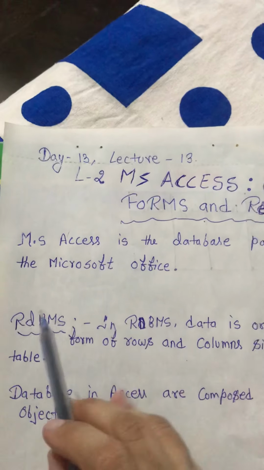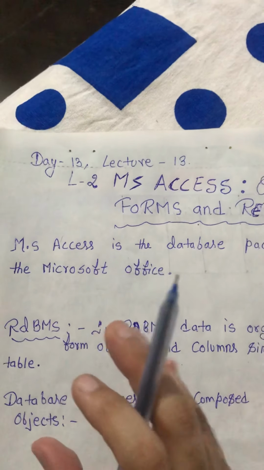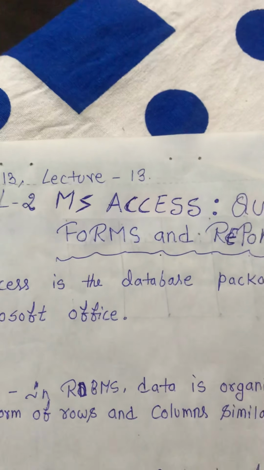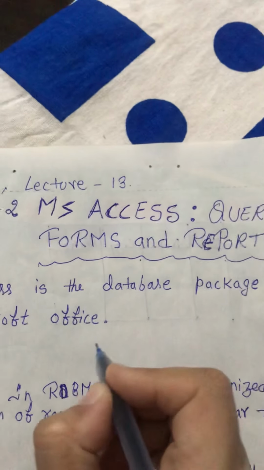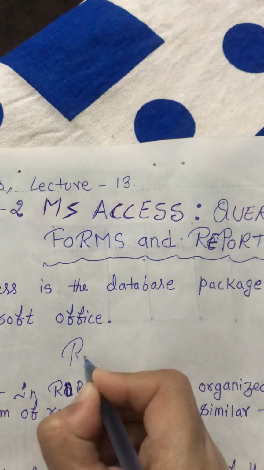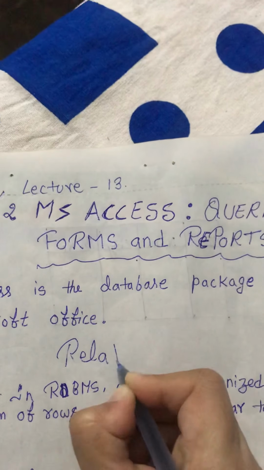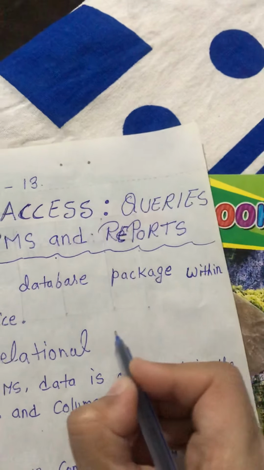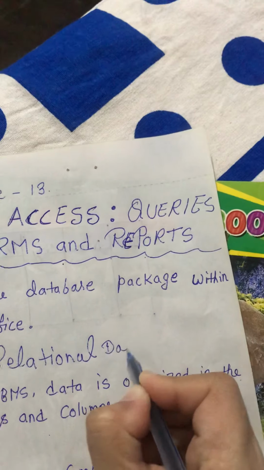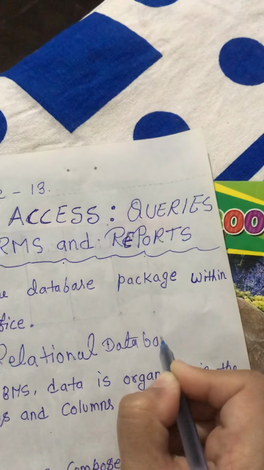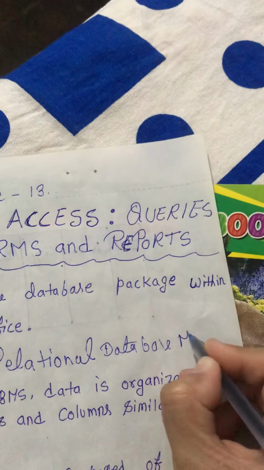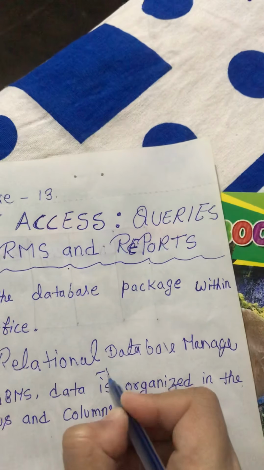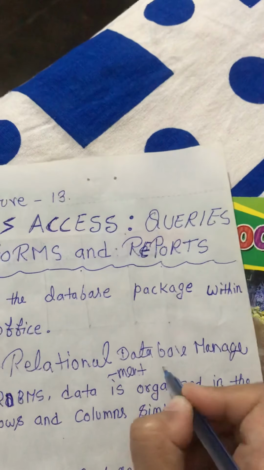RDBMS is a type of database, and the full form of RDBMS is Relational Database Management System.